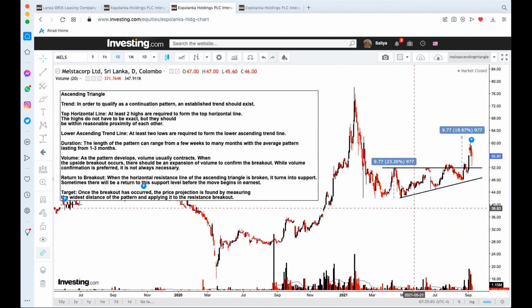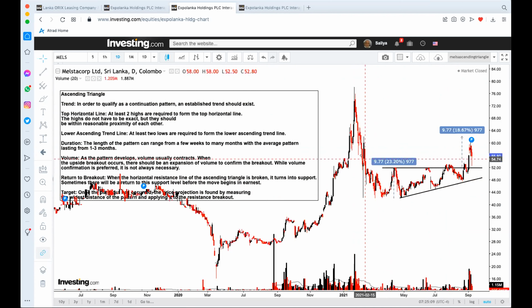These candles that we see here are not created out of thin air. It's all created the moment that a legitimate transaction has taken place, right? All these prices, all these ranges between 50 to 58 rupees, are legal prices that got traded in the stock exchange and got confirmed.